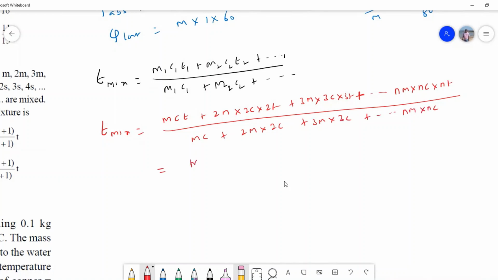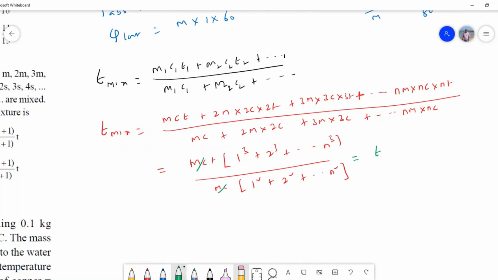So on the top, if I take MCT common, it becomes 1 cube, 2 cube plus so on N cube, whole upon MC into 1 square plus 2 square plus so on N square. So clearly MC get cancelled. This is nothing but T into sum of the cubes, N into N plus 1 by 2 whole square, upon sum of the squares, N into N plus 1 into 2N plus 1 by 6.